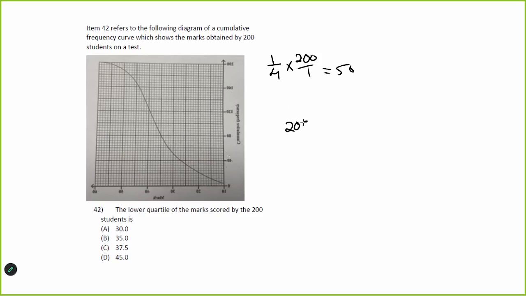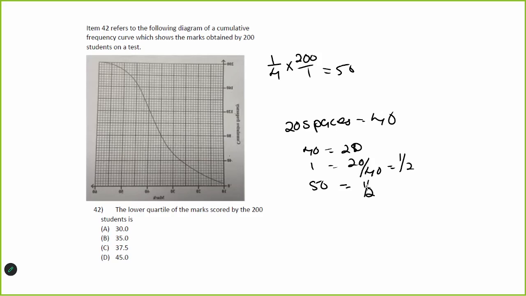We know 20 spaces is equal to 40, so one space would be 20 over 40, which is a half. I did something incorrect.